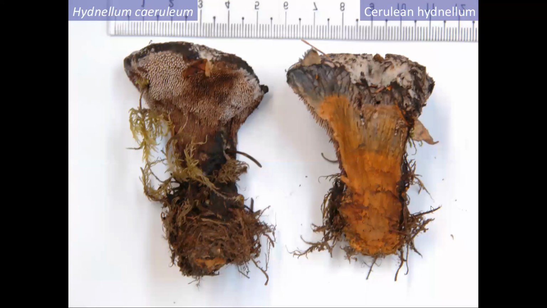But when you cut them open, the base of it looks very much like Hydnellum aurantiacum, but it has these bluish tones in the upper growing areas. And when you find one of these that's questionable, again, cut it open, and you see this pattern, you know what it is.